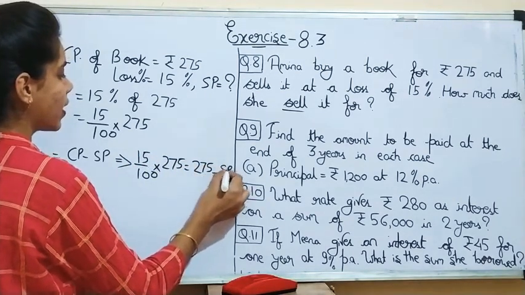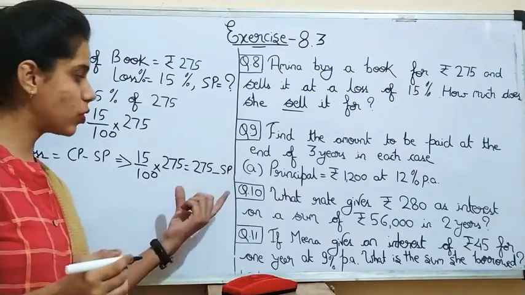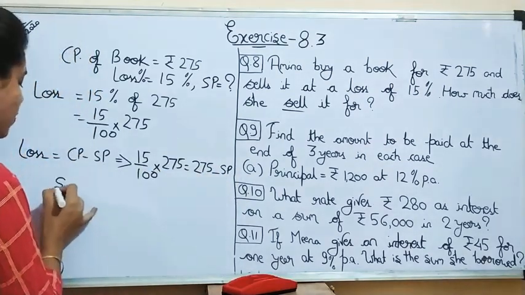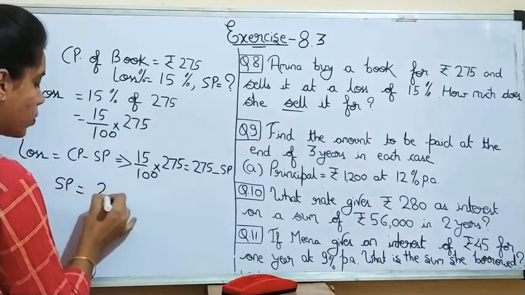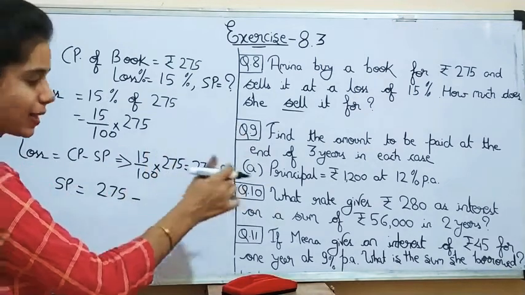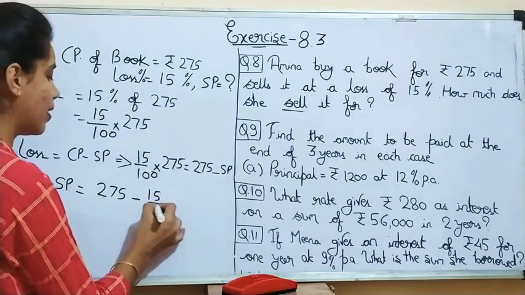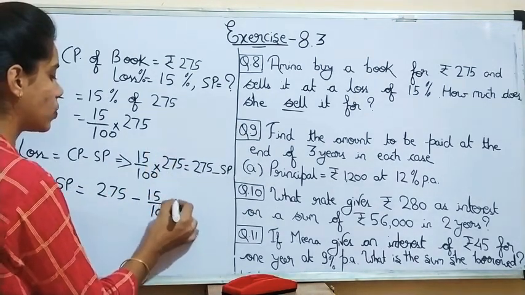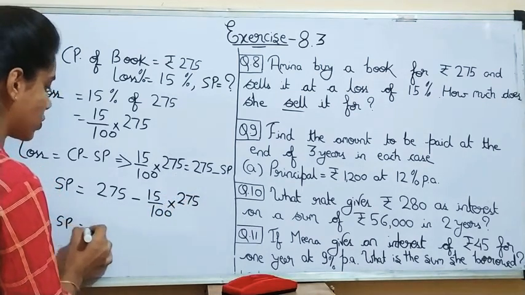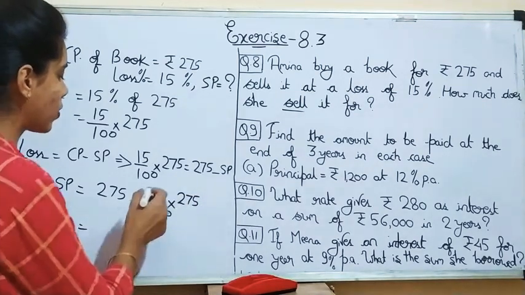Now we need to find SP, so we take SP to the LHS. So SP will be equal to 275 minus this whole term on the RHS, 15 by 100 into 275.